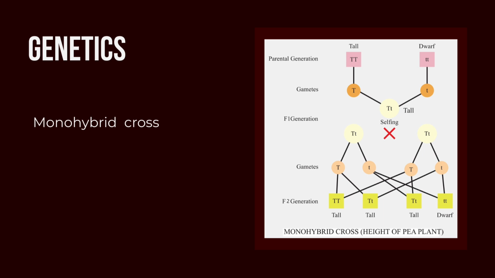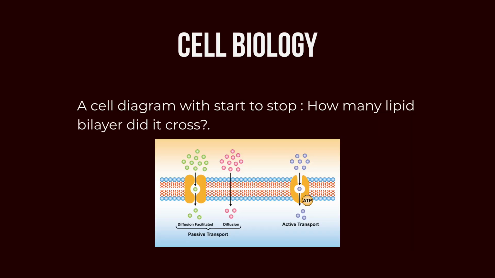Next was in cell biology. Actually, I have put this question here, but he asked me this question at the end. Like, we know about plasma membrane, it's a lipid bilayer, right? So, the question was, a diagram was given of a cell, and start and stop, two signs were kept at the front and back of the cell.